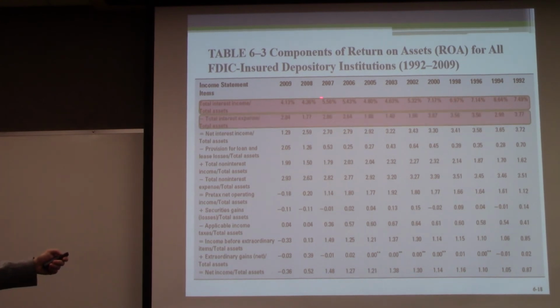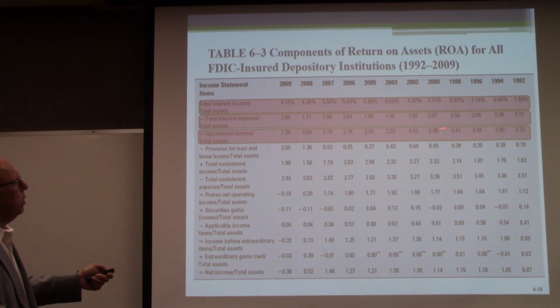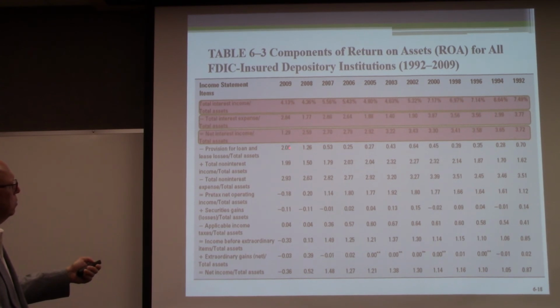And total interest expense is typically somewhere between 2.5% and 4%. And then you can see the margin, net interest income divided into total assets, is typically around 3.5%. Then you have your provision for loan losses, which is typically less than 1% until boom.